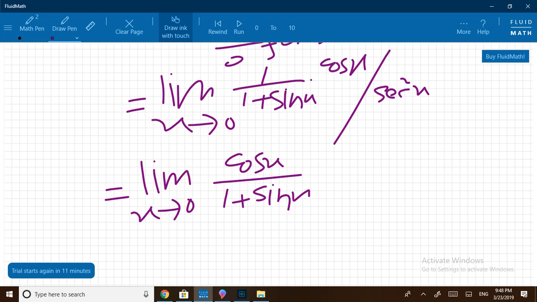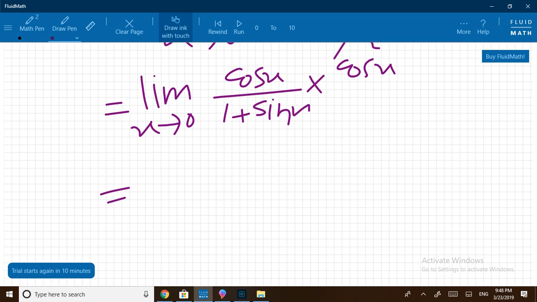and when we shift secant square x from the denominator above, it becomes multiplied by cos square x.